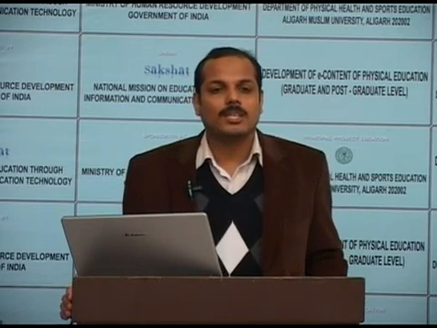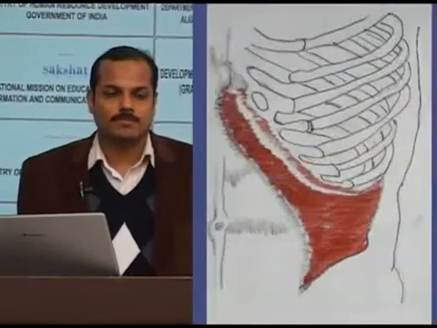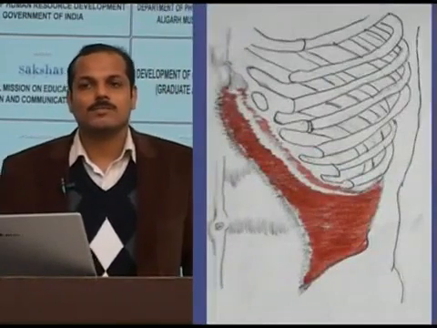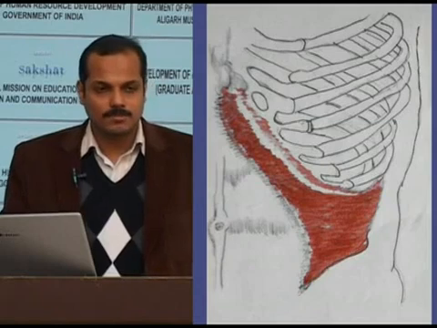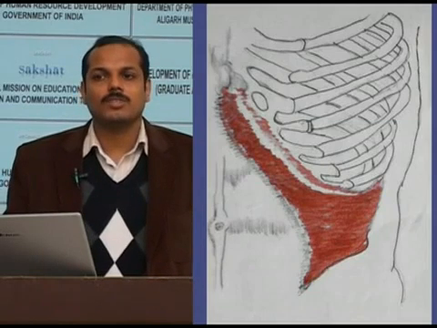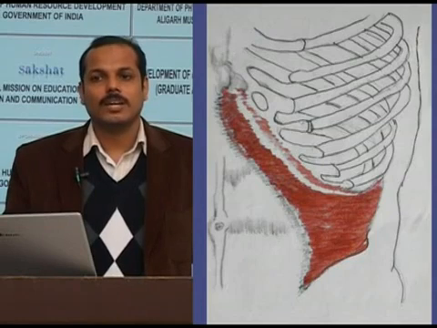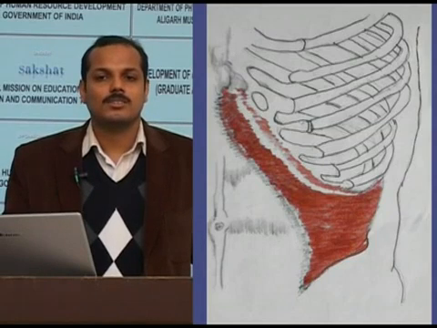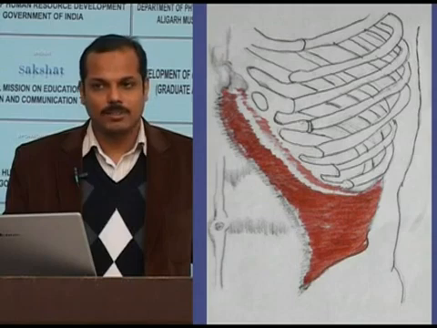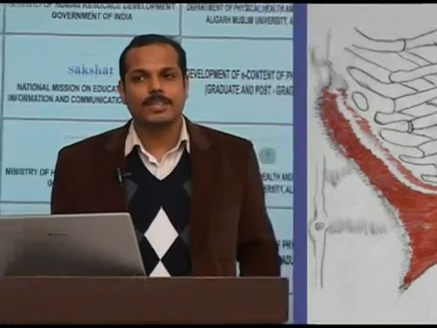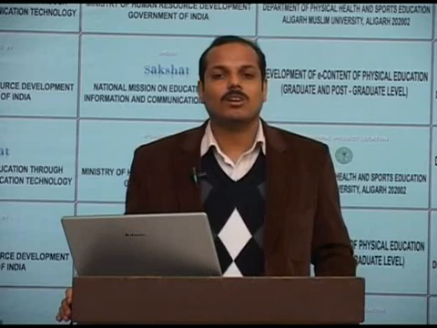Next muscle is the transverse abdominis. Its origin is the anterior iliac crest, lateral half of the inguinal ligament, thoracolumbar fascia, and cartilages of the ribs 6 to 12.